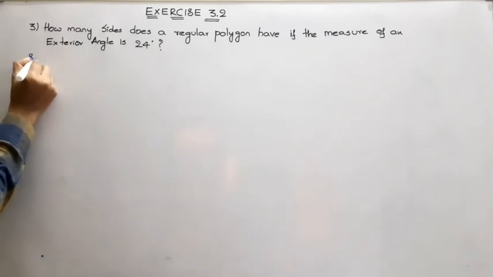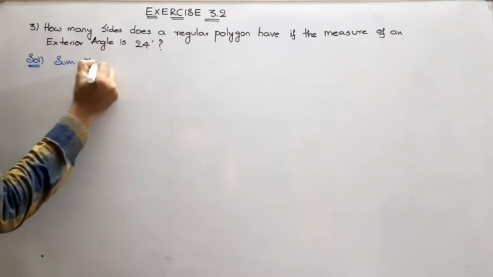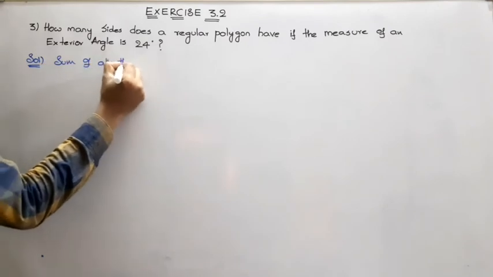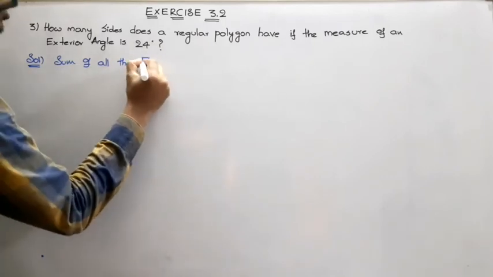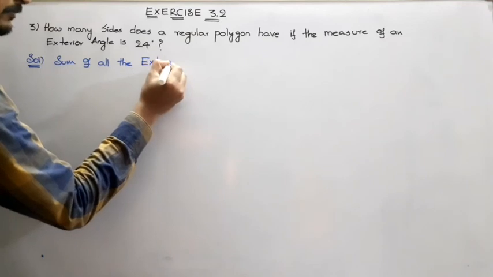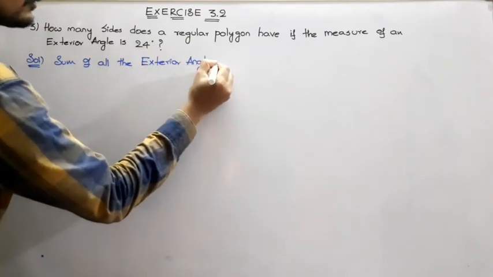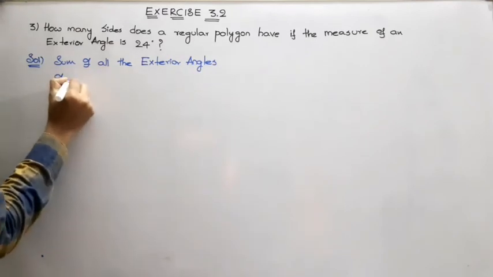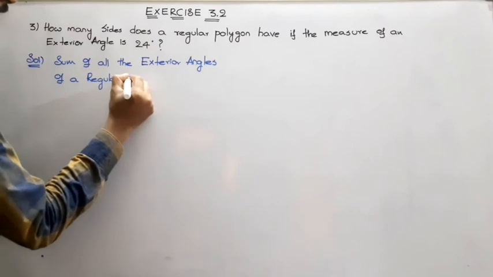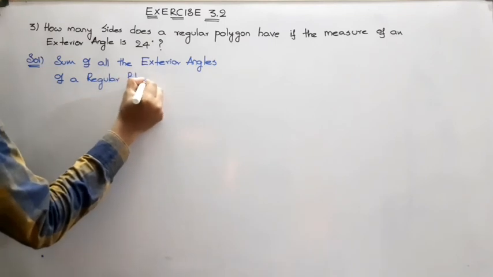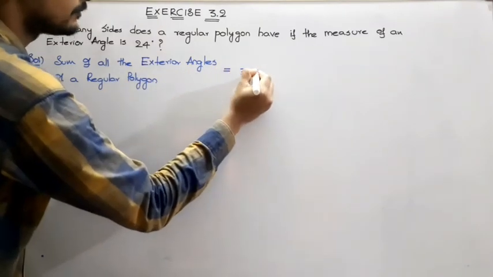So, solution. Sum of all the exterior angles of a regular polygon is equal to 360 degrees. This is quite common and needs to be written for every question of this type.